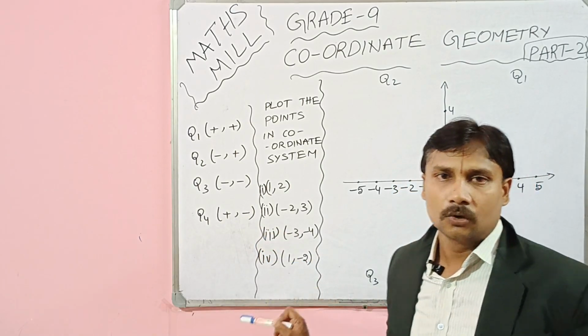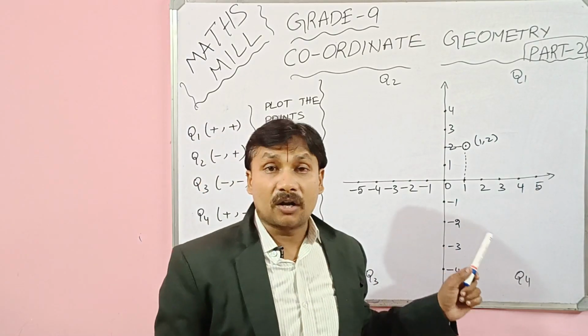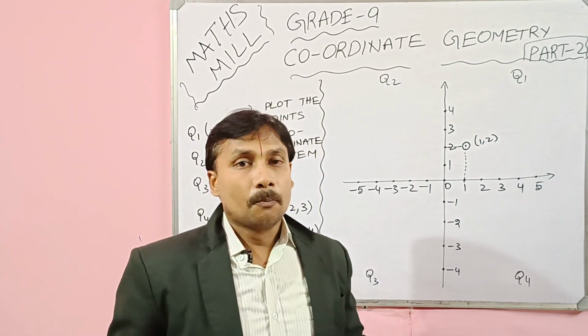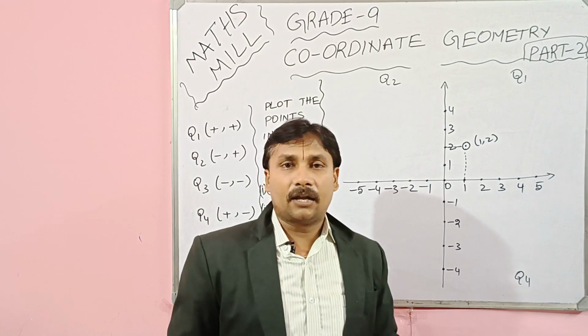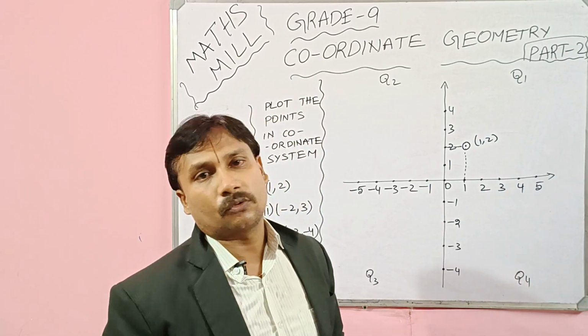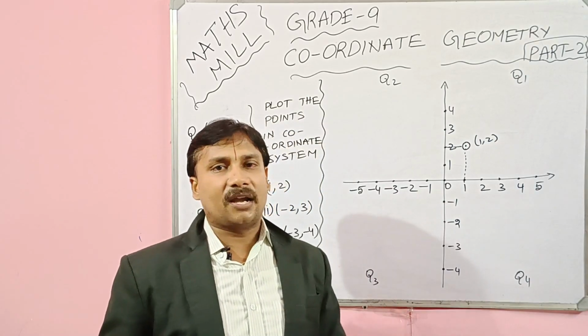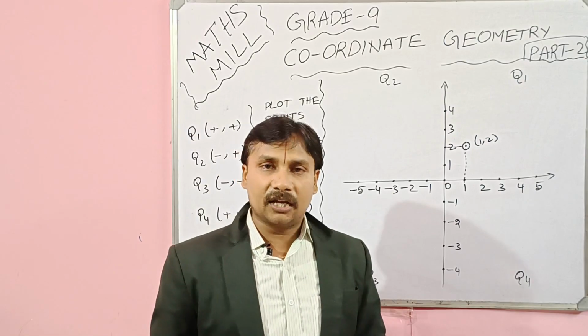Now we have to concentrate, because plotting points is very important. Not only in coordinate geometry, but also in pair of linear equations you have to draw the graph, and sometimes in quadratic equations too. If you know plotting of points, this process is very easy for you.